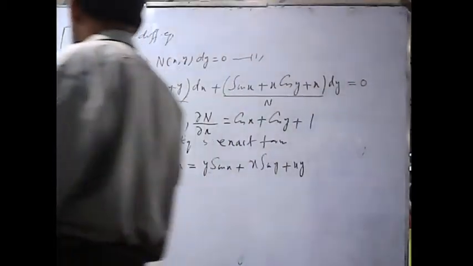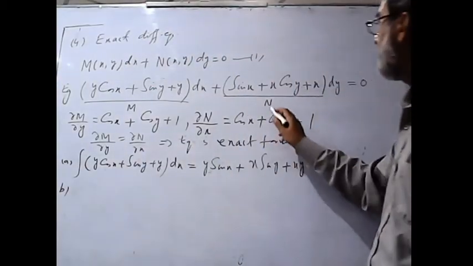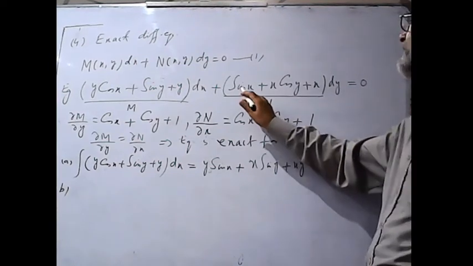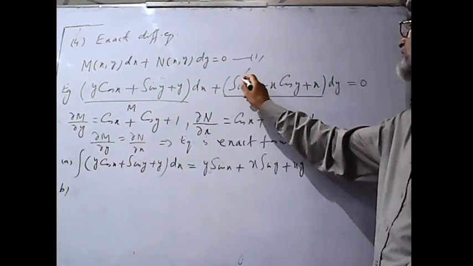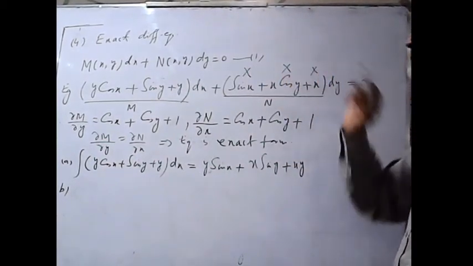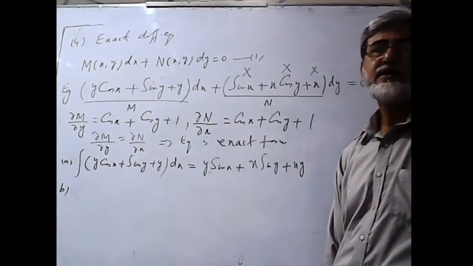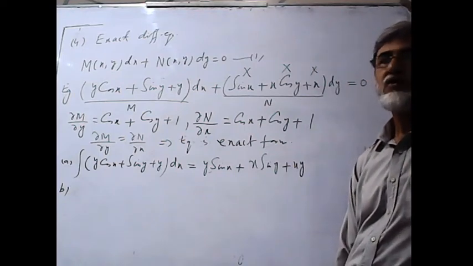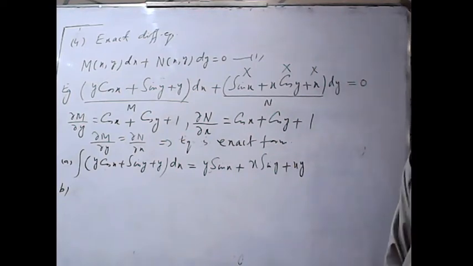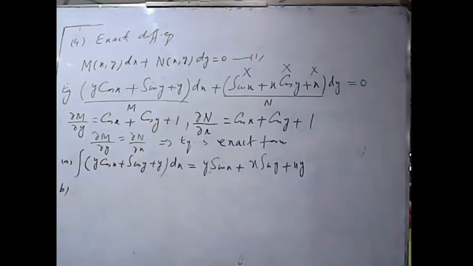Now part B. Now consider the expression of N: sin x is a function of x, and all the terms involve x. So part B is not performed because the condition is not satisfied. We integrate all the terms which are independent of x, but all the terms involve x.